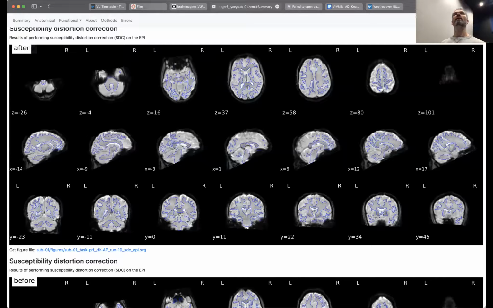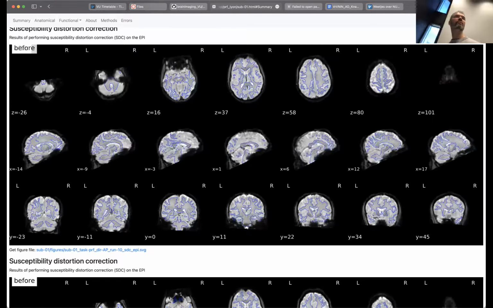Because like all of these other steps, susceptibility distortion correction is an image processing step. And if you let a computer do something and you give it the wrong inputs, for example, it will produce horribly deficient results. Right? So if you supply fMRIPrep with the wrong information, for example, you can get really weird things like unicorn-shaped brains or things like that.